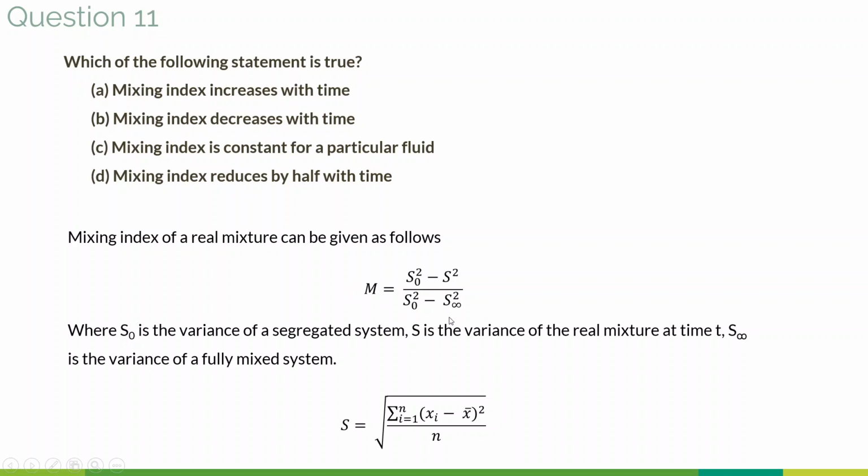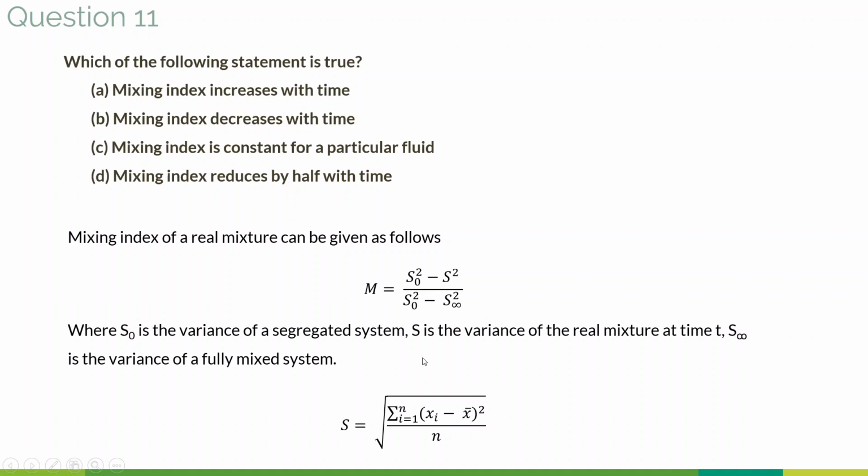So as you can see here, at time t equal to 0, your S square will be close to S naught square, which means that at time t equal to 0, your mixing index will be close to 0. As time increases, your xi will start approaching x bar. That is, as you keep mixing it more and more properly, the weight fraction that you calculate in each of the samples will be very close to the mean fraction of the samples.